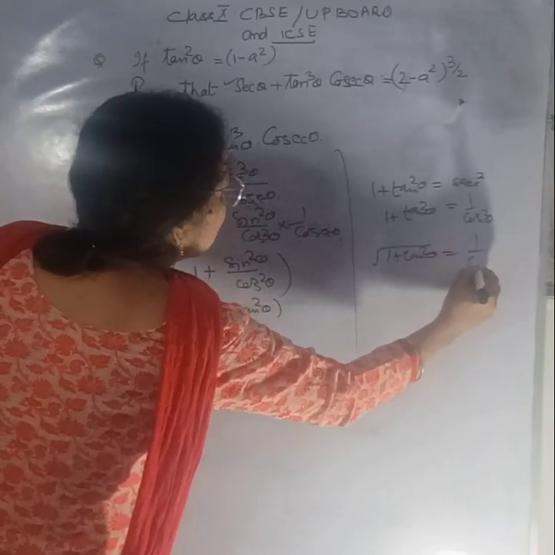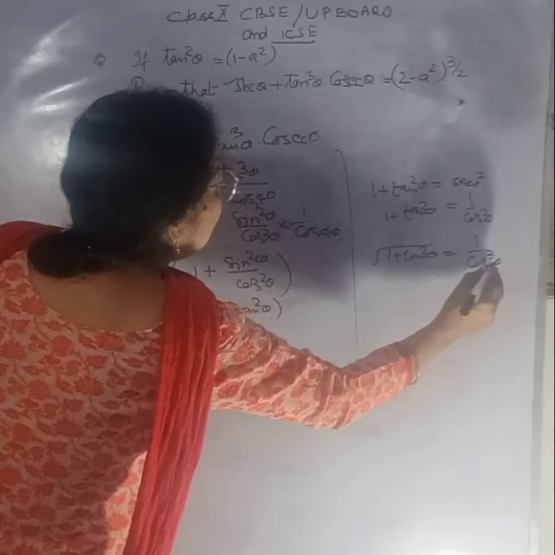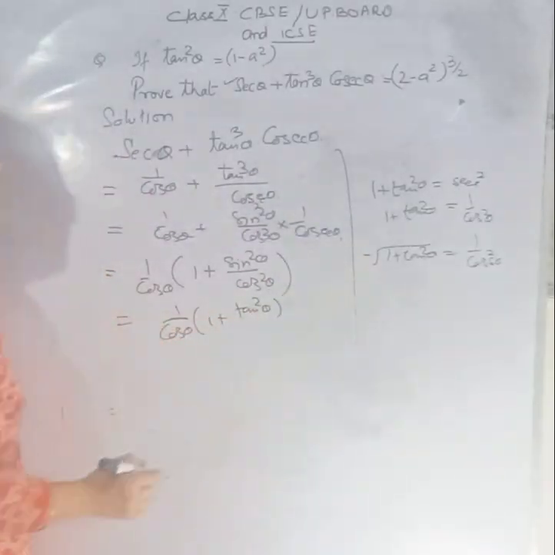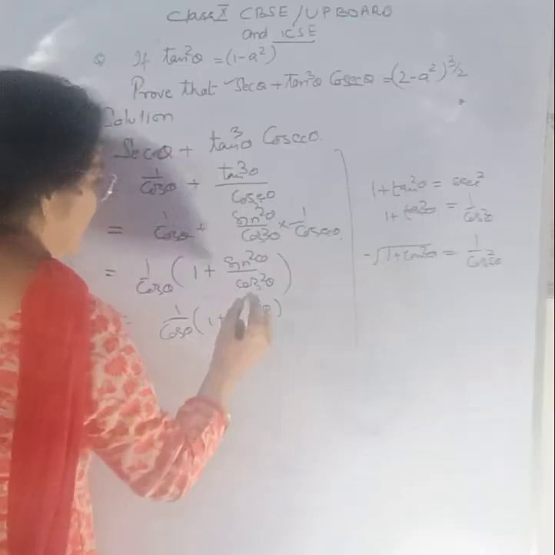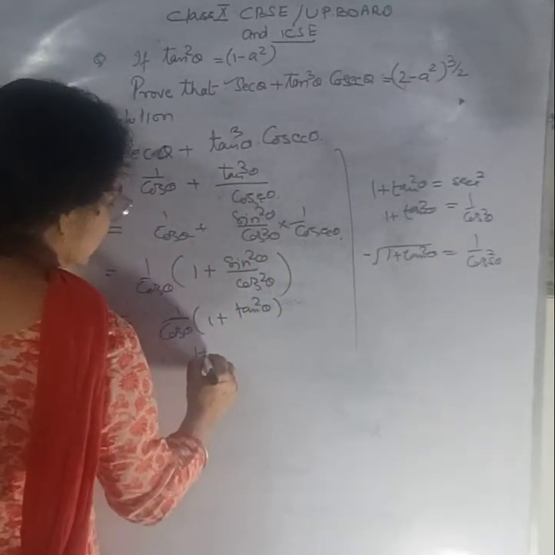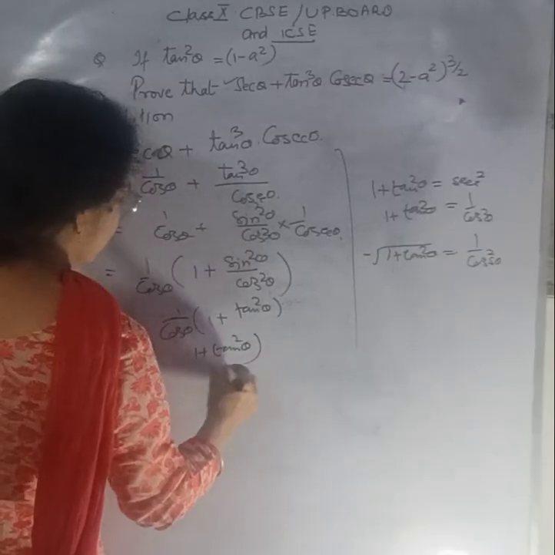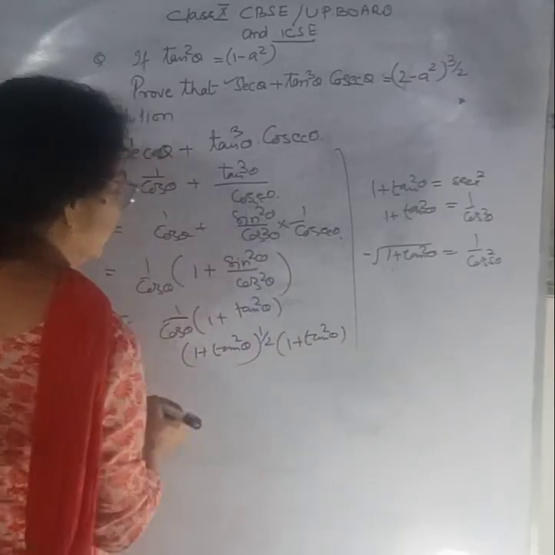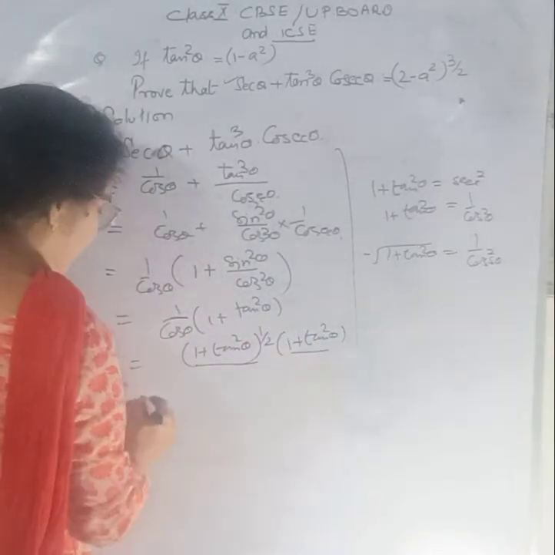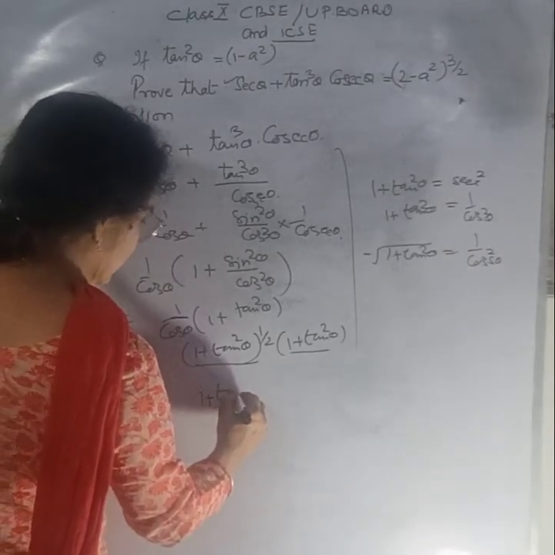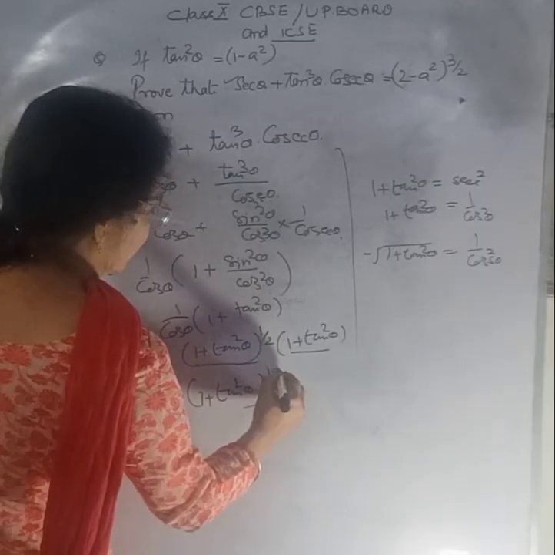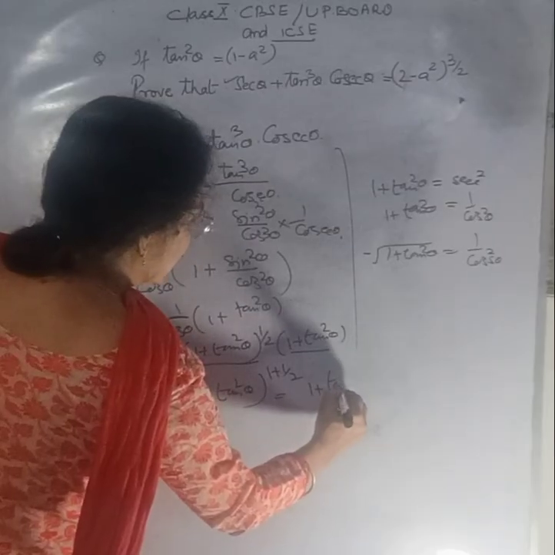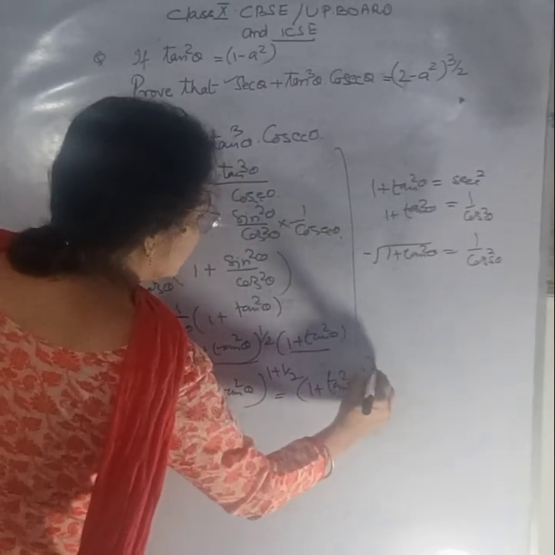Because our aim is to convert every term in terms of tan theta, in place of this 1 upon cos theta we can write root of 1 plus tan square theta. So this will be root of 1 plus tan square theta into 1 plus tan square theta. It means the total power of 1 plus tan square theta will be 1 plus 1 by 2, that is, 1 plus tan square theta whole to the power 3 by 2.